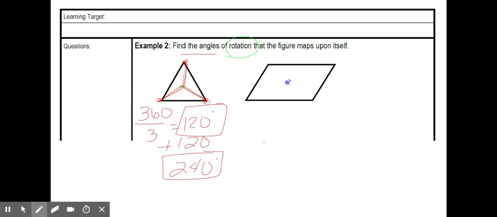For our parallelogram, because it is not a regular polygon or perfectly symmetrical, we just have to turn the image. You can do that mentally, or turn it with your piece of paper to see how the figure could be mapped upon itself. In this case, we only have a half turn of 180 degrees.